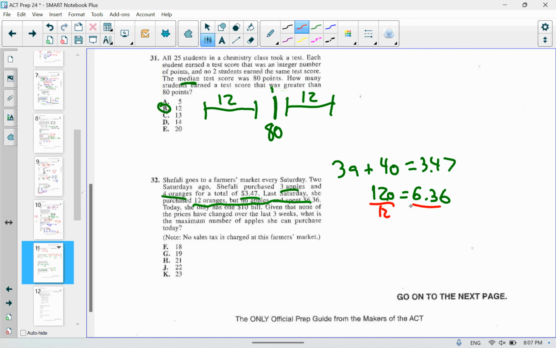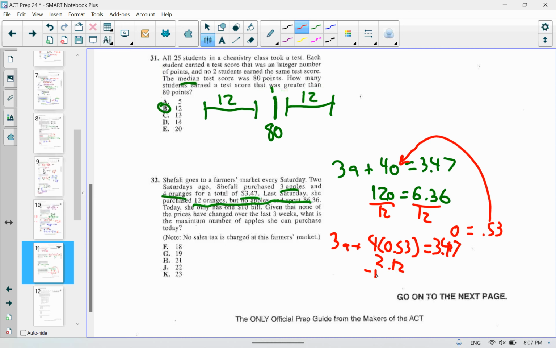So I can divide both sides by 12, and I would say that an orange costs 53 cents, which means I can plug that into my original. 3A plus 4 times 0.53 equals 3.47. 4 times 0.53 would give me 2.12, which I can then subtract from both sides. So I know that 3A has to equal 1.35. So I can divide that by 3. So each apple costs about 45 cents.